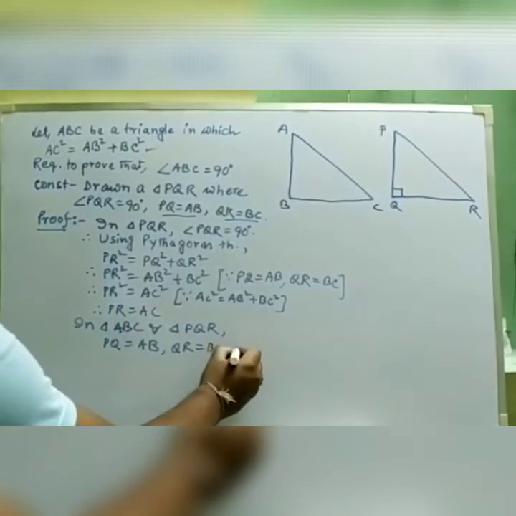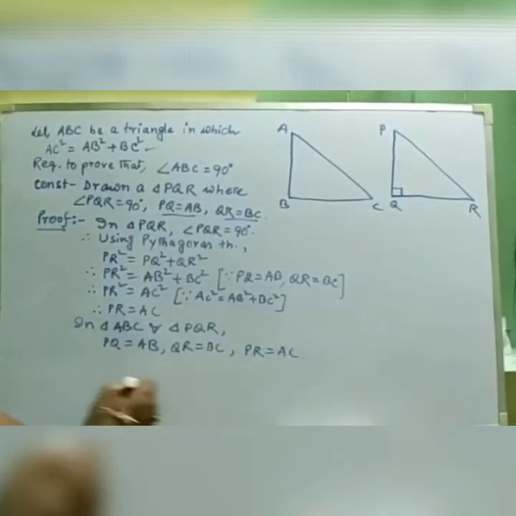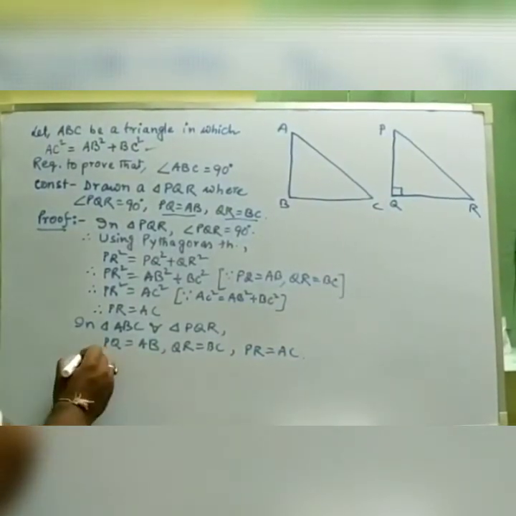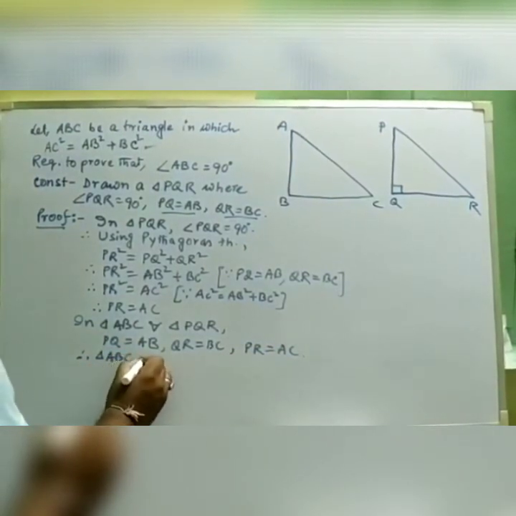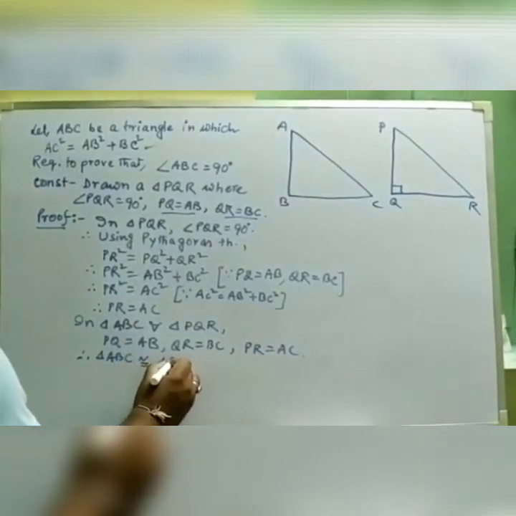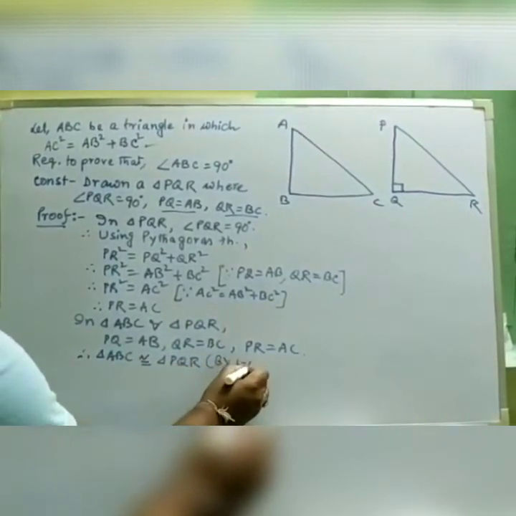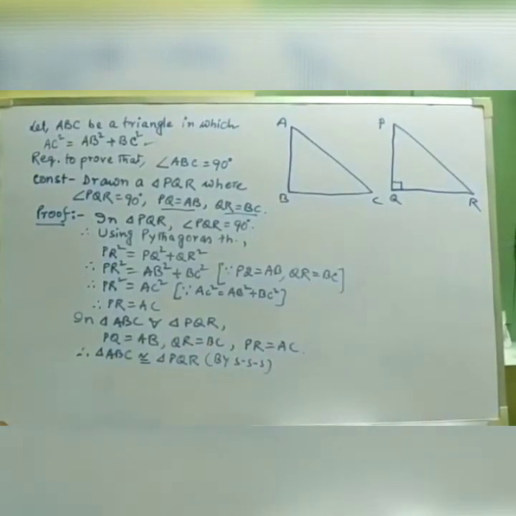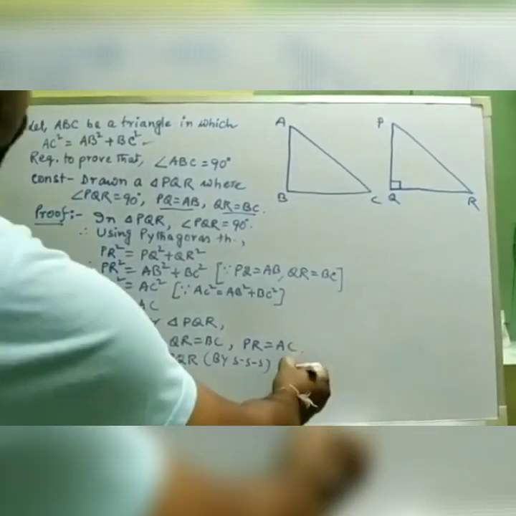And we have proved PR equals AC. So by the side property, triangle ABC is congruent with triangle PQR by SSS.